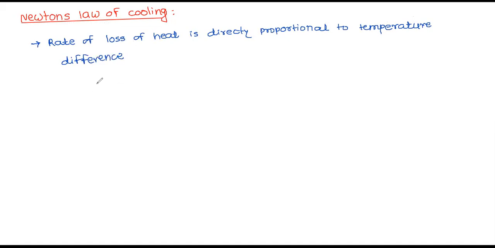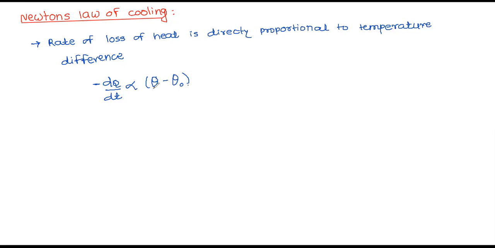So rate of loss of heat means what? Minus dQ by dt is directly proportional to the change or difference in temperature, means theta minus theta naught.